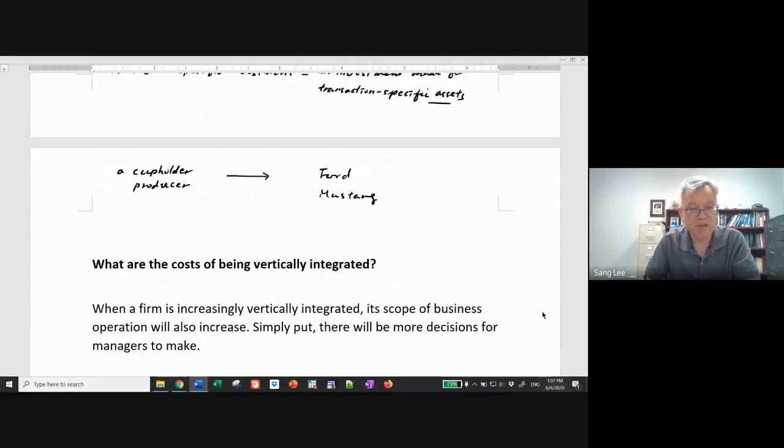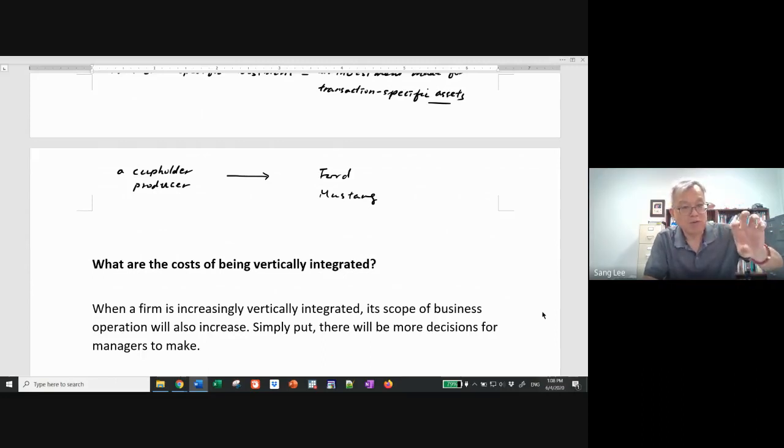Now to do so, this producer had to make an investment to design a new mold and whatever to satisfy all the specifications from the Ford Mustang.